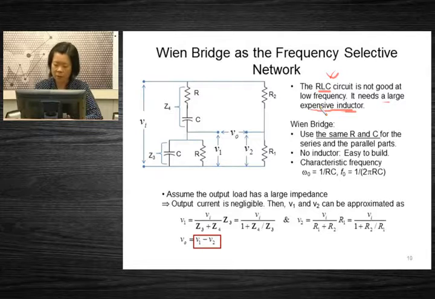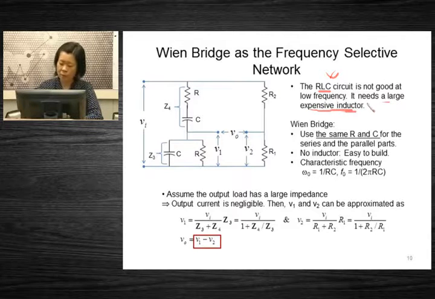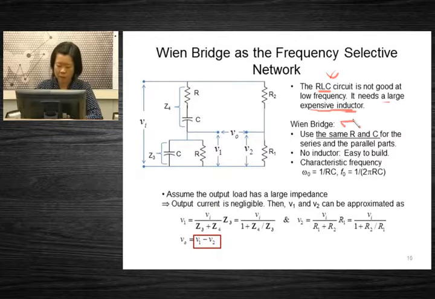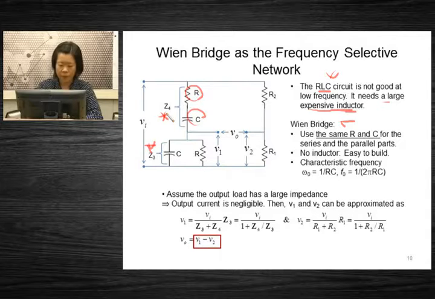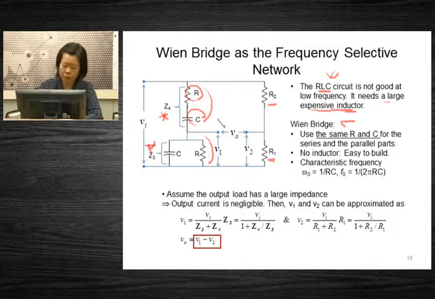From that quest, they found the Wien bridge. Now, in this example, we use the same resistance and capacitance values for the parallel part and series part. We have a series part arm, a parallel part arm, and two resistors. And the output is connected at this port.